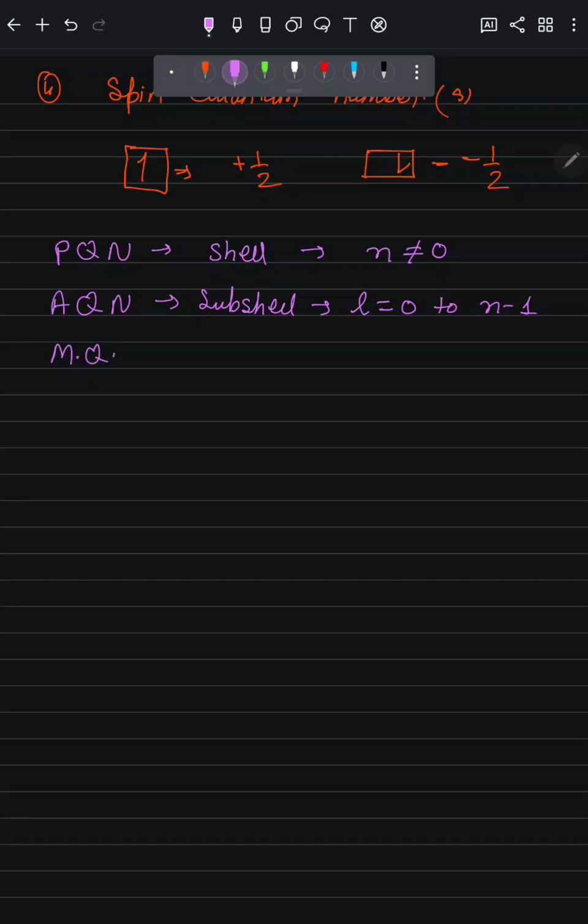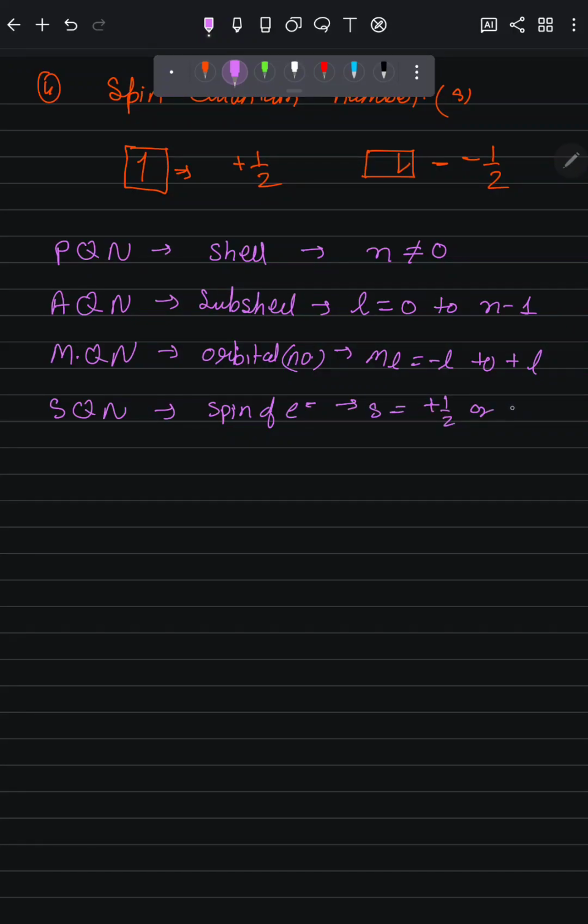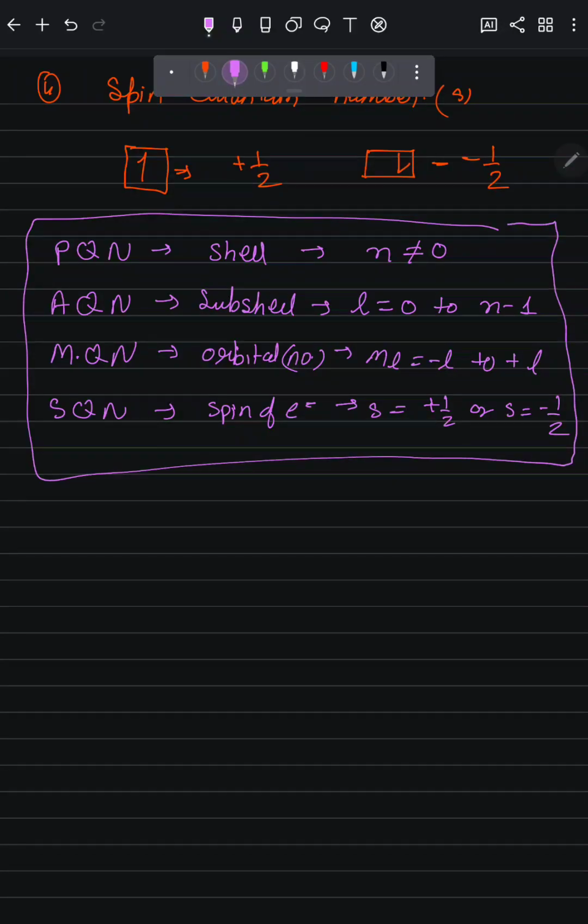The magnetic quantum number tells about the orbital number, meaning ml is equal to minus L to plus L. And the spin quantum number tells us about the spin of electrons, which is S equal to plus half or S equal to minus half. So this is all the summary we discussed in quantum numbers.